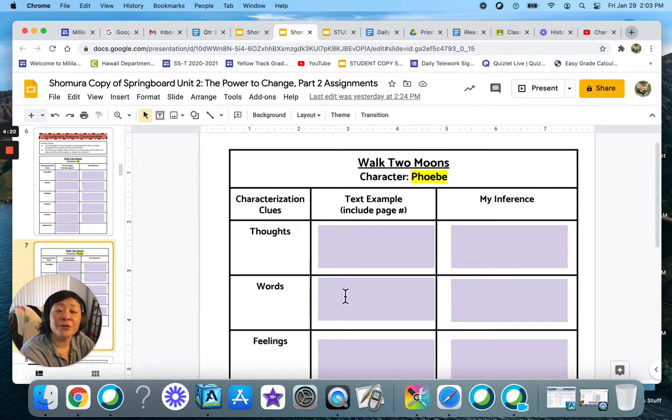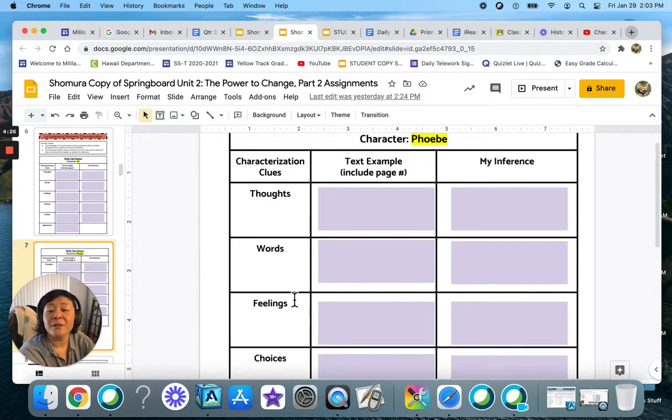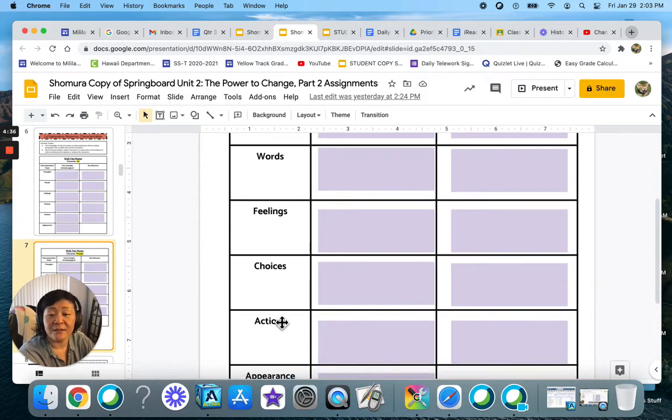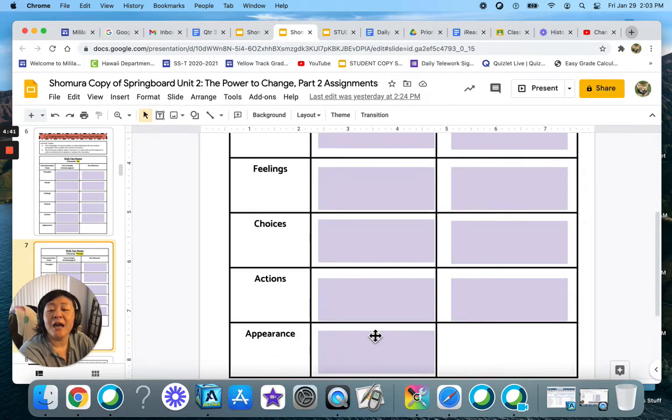Some of the words Phoebe says, text example, page number, and then your inference. Some of the feelings Phoebe has, text example, inference. Some of the choices Phoebe makes, text example, and inference. Some of the actions she takes, text example, inference. And then tell us what she looks like, her physical traits.